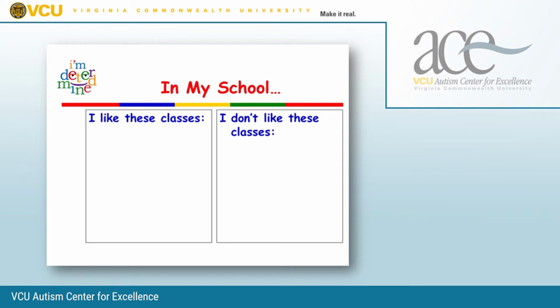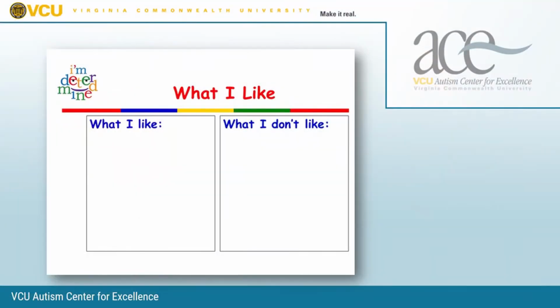They can say, I like these classes and I don't like these classes. And a lot of times we'll say, oh, well, they pay better attention in the morning. Well, if it's a class that they really like, they're going to pay better attention in the morning. So once we go into that, we also go into what they don't like.